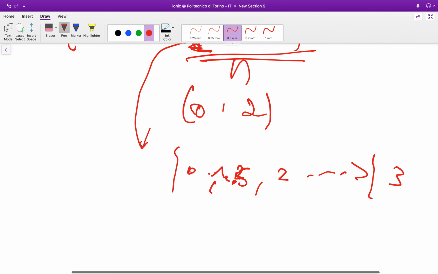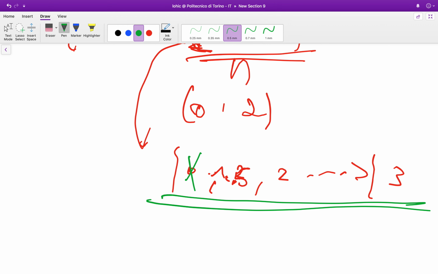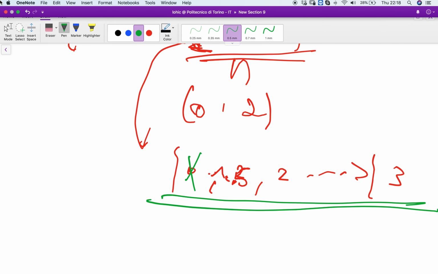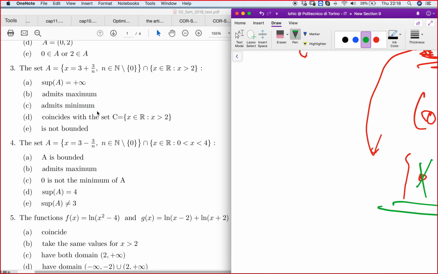But after I perform the intersection, I no longer have 0 because 0 is out. Doubts? So this is the result of the intersection: some elements tending to 3. Okay, we excluded 0.